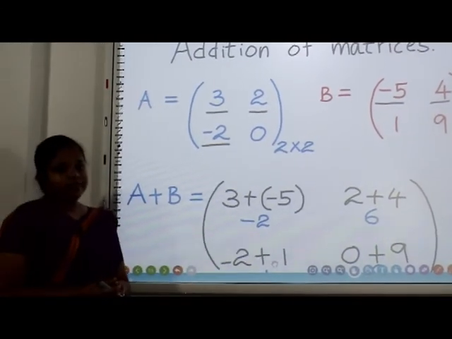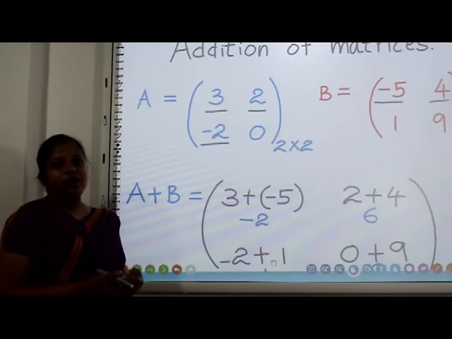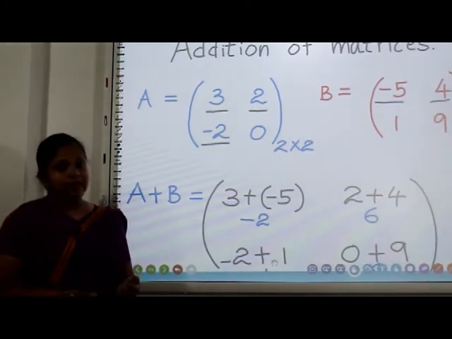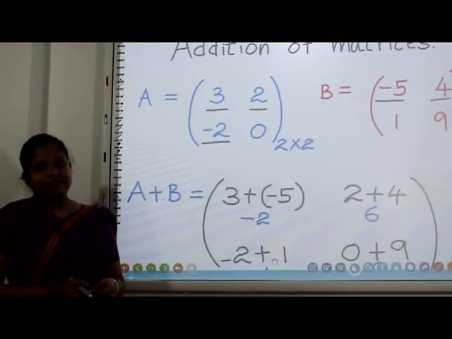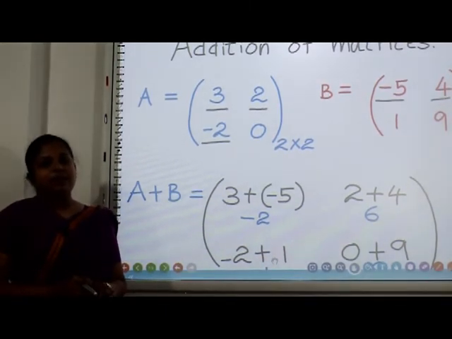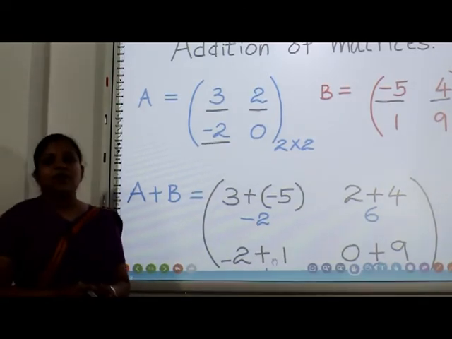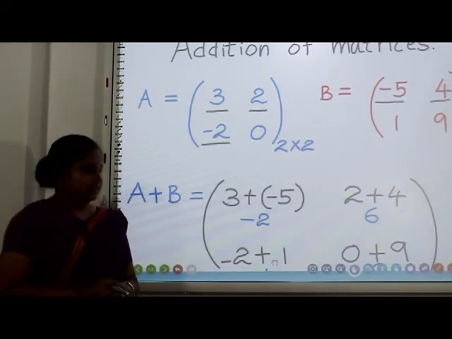The orders being different means there are no corresponding elements to be added. Therefore, addition of matrices is defined only for matrices with equal order. Otherwise, you can't add the matrices.